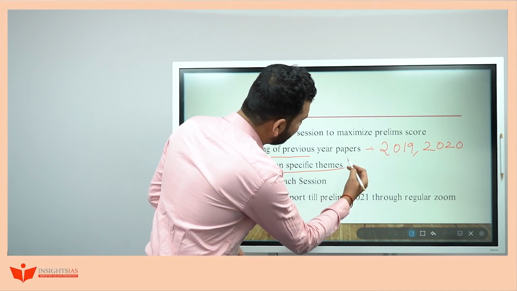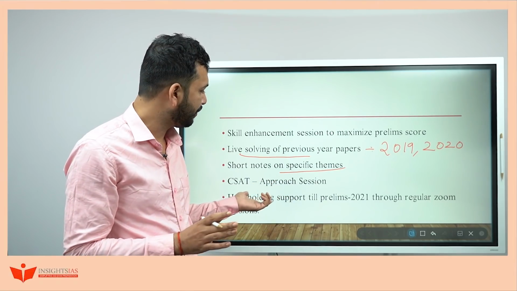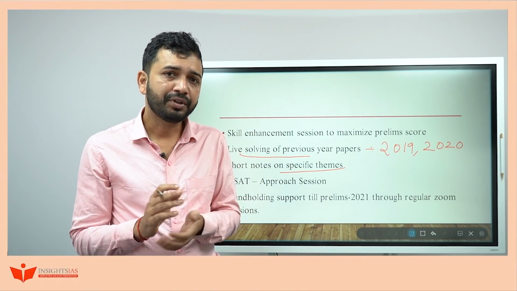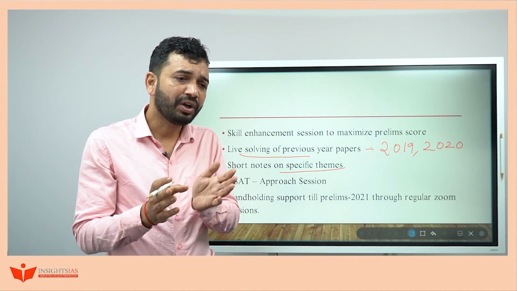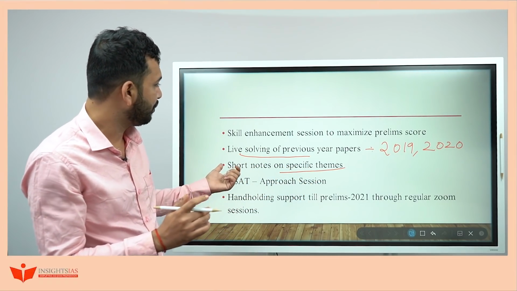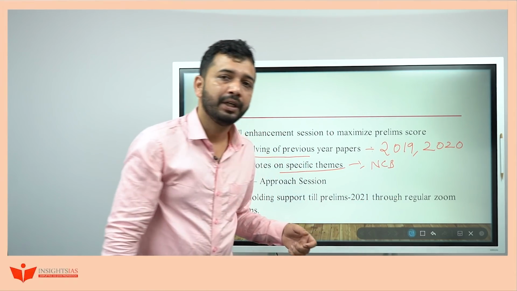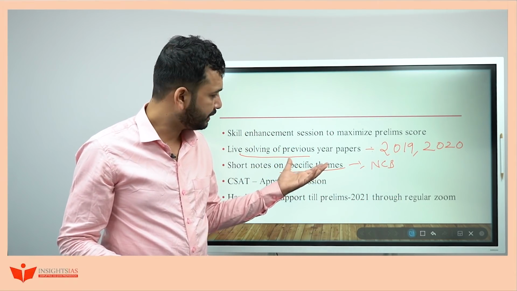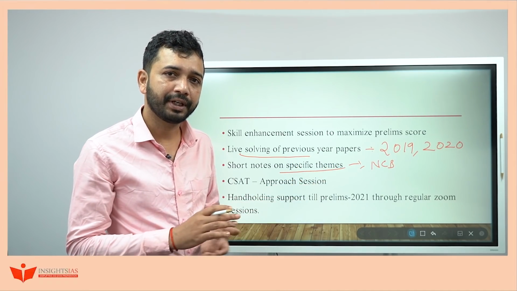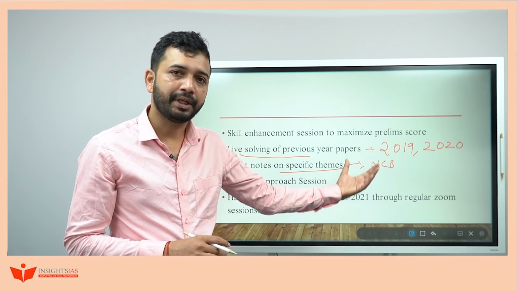Then short notes on specific themes. For example, some important themes will be given, and also some of the themes that do not have as many questions. If you look at, for example, non-constitutional bodies, in the last 10 years' papers there is not even a single question from non-constitutional bodies. So we cannot spend too much time teaching this.